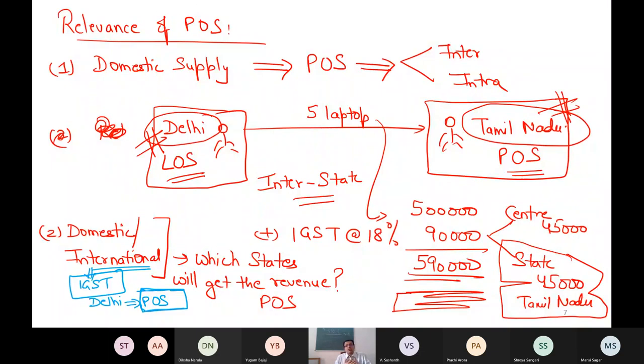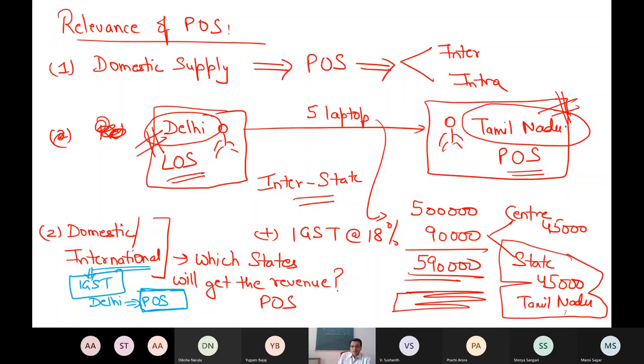When you are importing goods, it doesn't mean that the entire revenue will be given to the central government. When goods are imported, somewhere these goods will be consumed. The state where these goods will be consumed will ask for a 50% share. So in international supply also, place of supply helps me in telling which state gets the revenue.